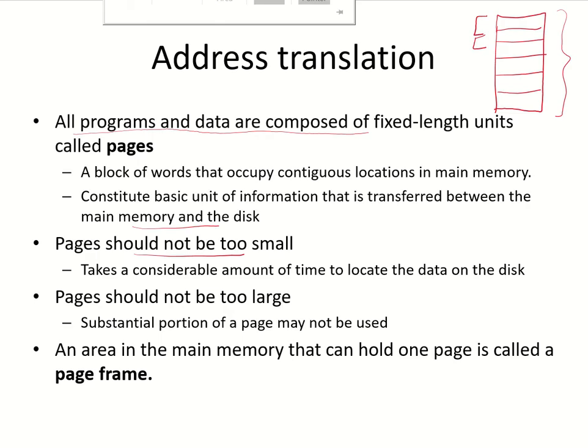But to locate that data on the disk takes time. So it makes sense that once that address has been located, we bring a large amount of data to the main memory. So the page size should not be too small. Otherwise, there would be frequent accesses to the magnetic disk that would be required.